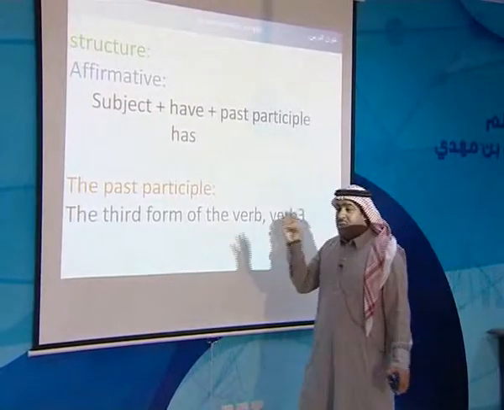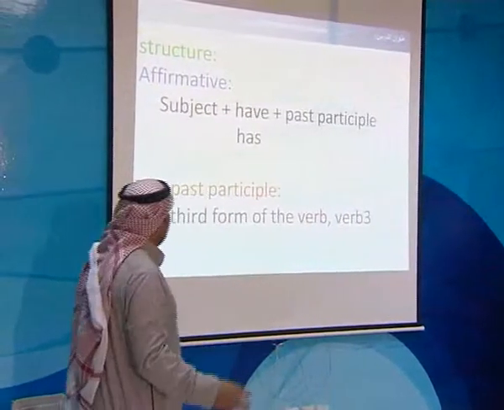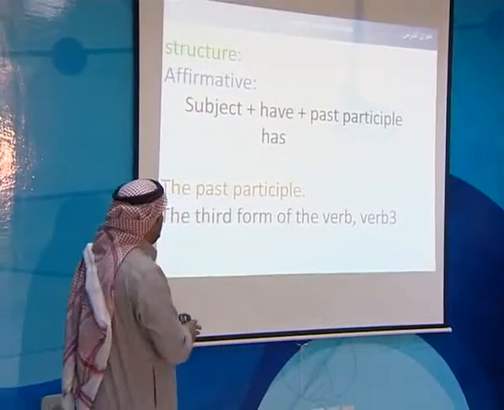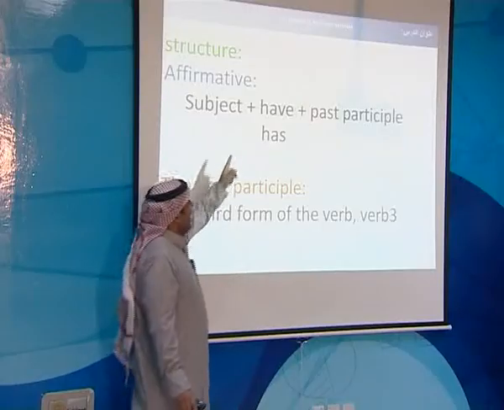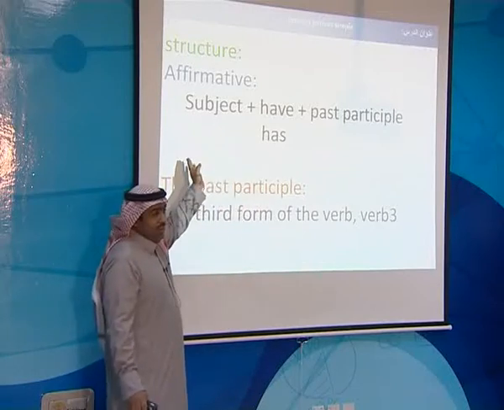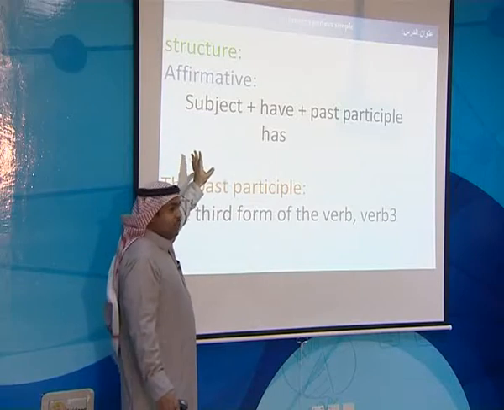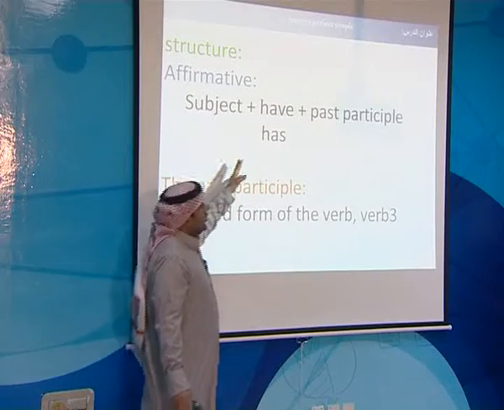Again, the structure of the sentence, present perfect simple. In the affirmative form, we start with subject. Then have or has depend on the subject. We choose have or has according to the subject. We will see that. Then the past participle.